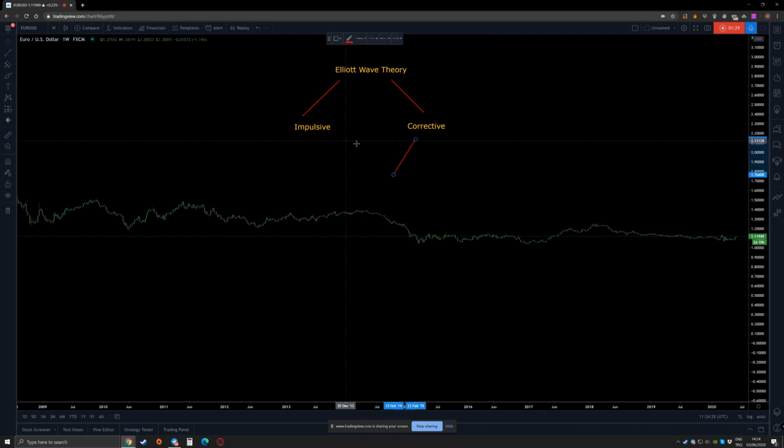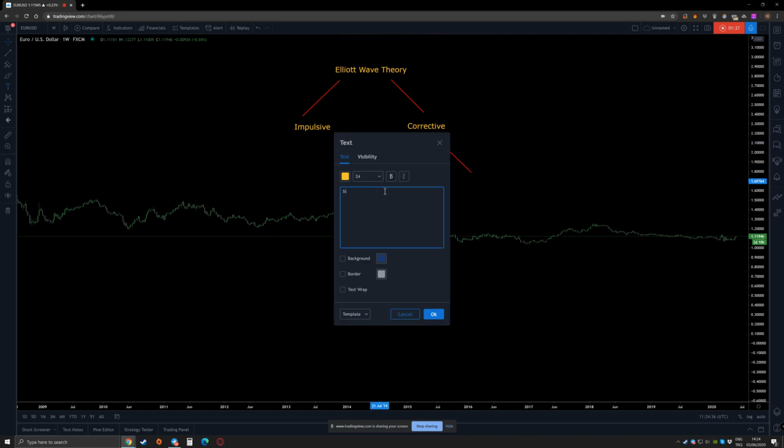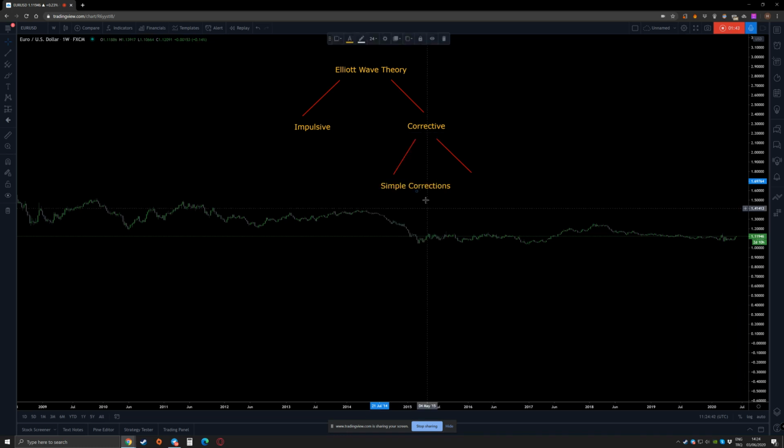If you're looking for a corrective side, you should go into two different categories. The first one are the simple corrections. If you watch some of my videos, you will see that there are some rules. There's a confirmation method that you have to follow in order to understand if the correction you're looking at is a simple or a complex one.